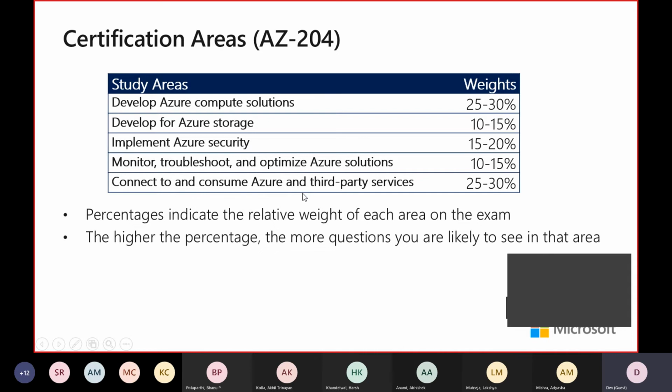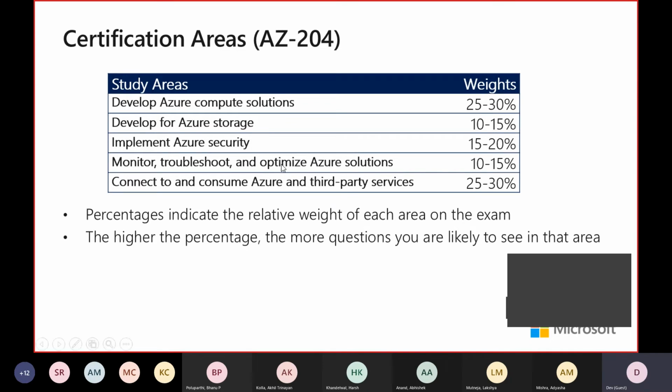So if you're planning to take the certification, it has a weightage. We have a total of 5 different study areas, and each of them has a different weightage. When we talk about weights, it means the number of questions will be higher from that particular area. The more the weight, the more questions from that study area.